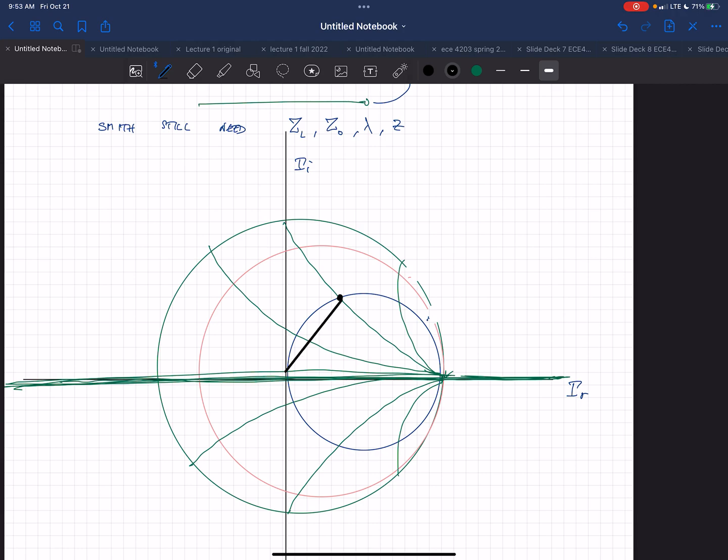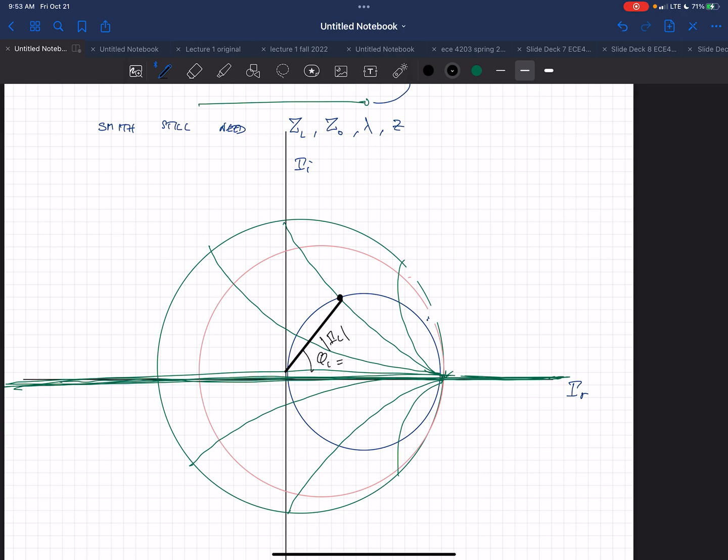Imagine this point here. This is the amplitude, gamma sub L, and it's at some phase value, whatever the load is.